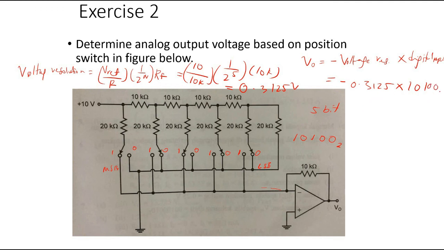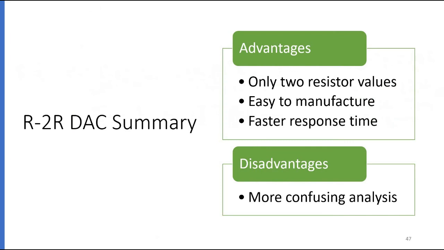So kalau kita convert daripada this binary, kita akan dapat minus 0.3125 multiply with 20. So kita akan dapat minus 6.25 volts. So this is the output voltage based on the position given for exercise 2.